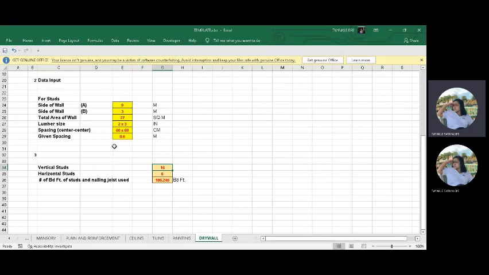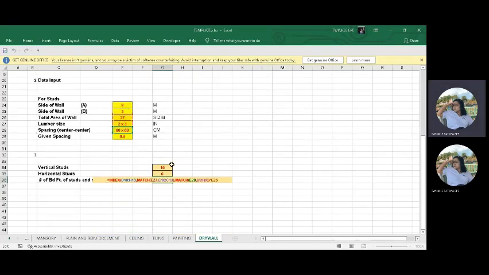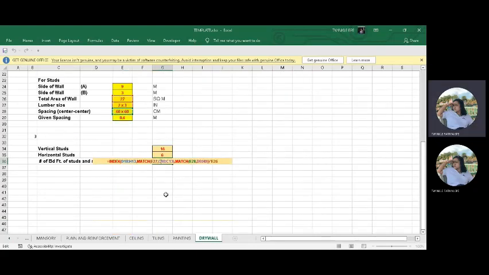In the horizontal studs, we have the side of the wall B over given space of 0.6 and the result of 6. And the number of board feet of studs and nailing joint used, we get to index D here as our teacher has taught us. Yes, and we can get the product of 186.246 board feet, studs and nailing joint used.